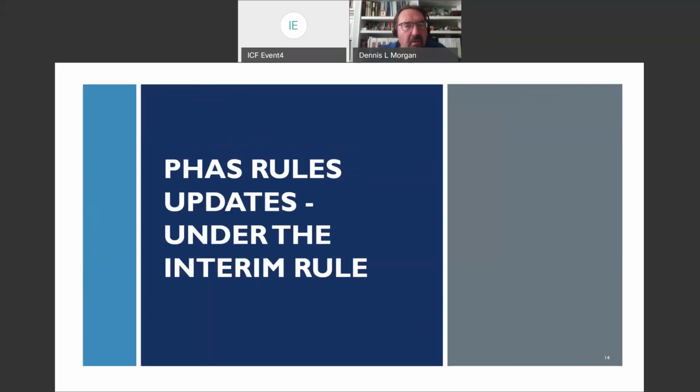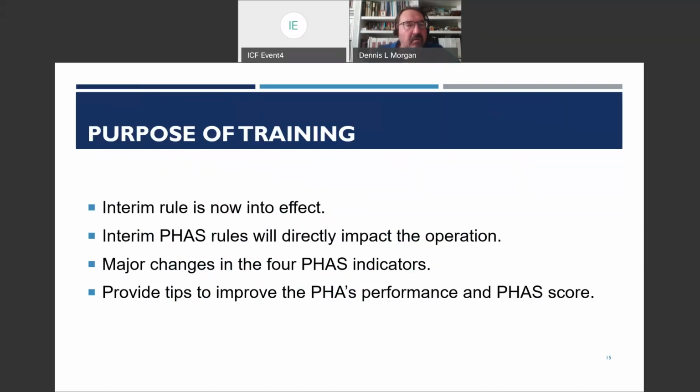And the interim rule that came about in 2011, 2012, when it went into effect, changed how the scoring system was set up, and it changed how you frame up from a management standpoint as well, because it brought in the world of asset management.